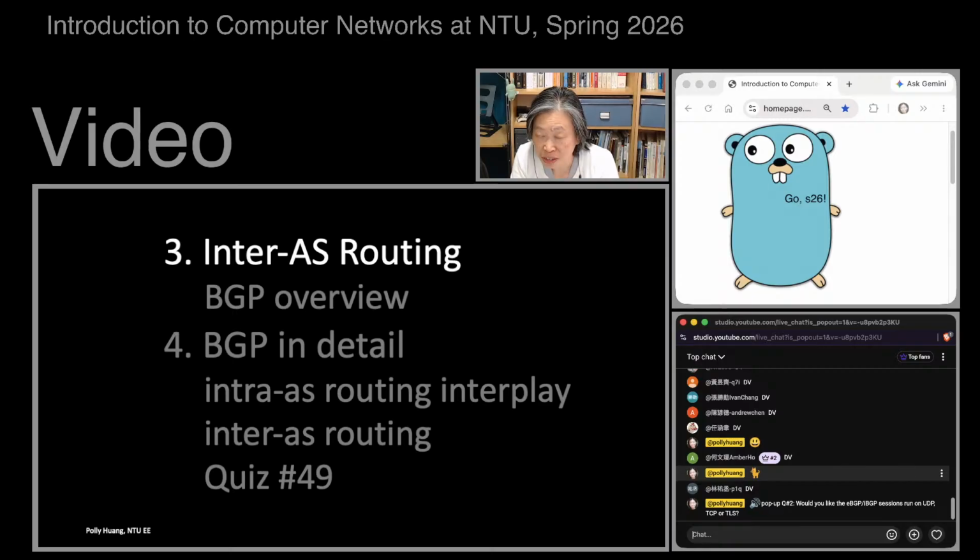And hey, this is all the time we have. Guys, check out the live chat box. Polly asked a pop-up quiz: would you like the eBGP or IBGP sessions to run on UDP, TCP, or TLS? We know that BGP is implemented on TCP, but what about you?